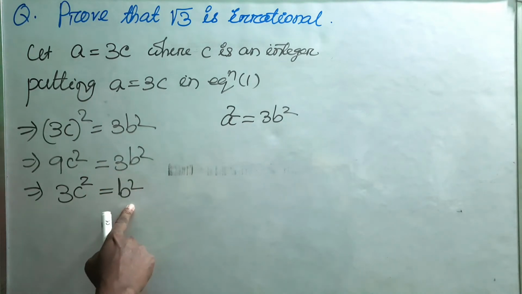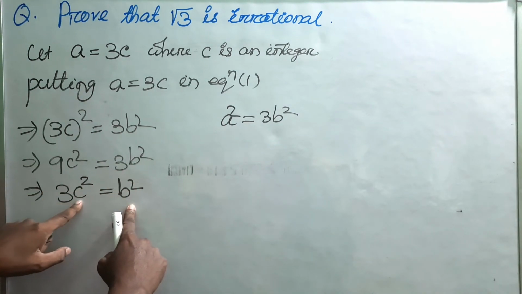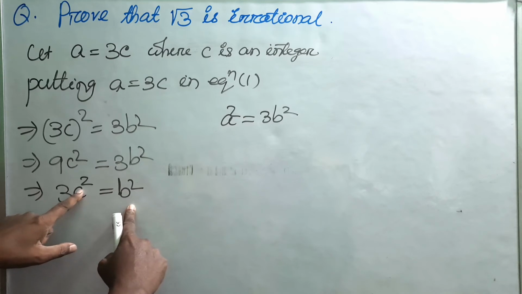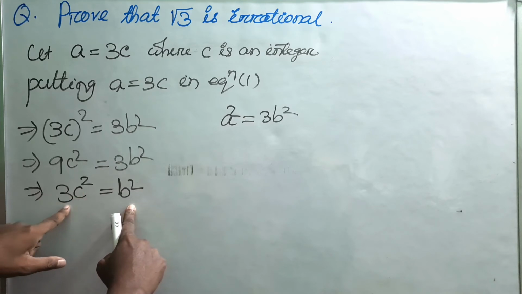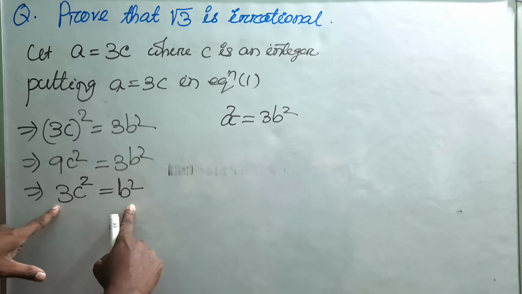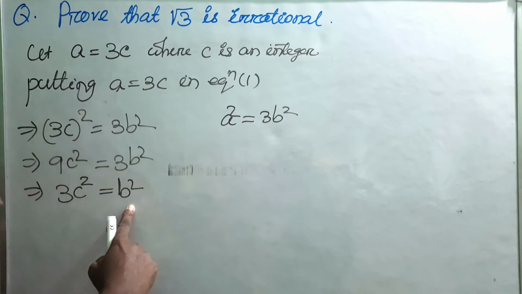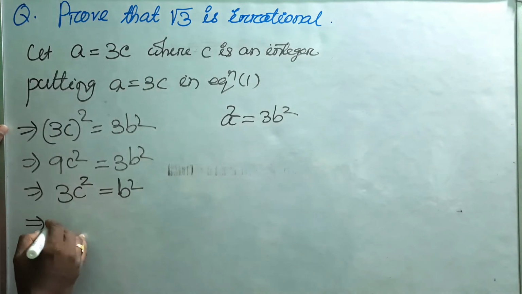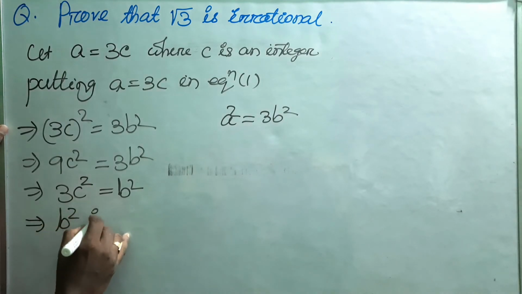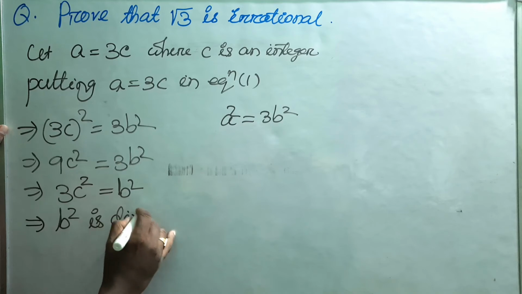Now look here. Here c is an integer we have taken, so c square is also an integer. When it is multiplied with 3, it becomes a multiple of 3. Just like a square, b square is also a multiple of 3. So this implies b square is divisible by 3.